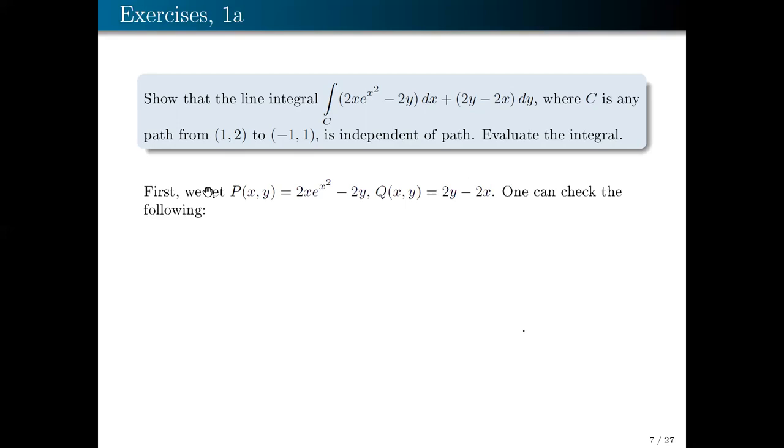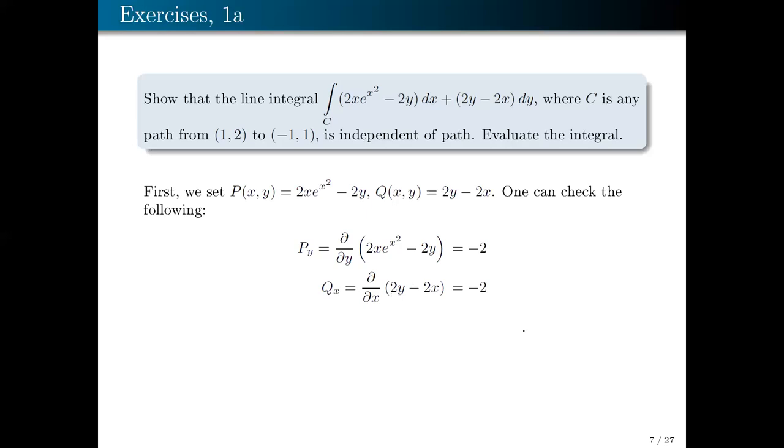Let's do that. We start with P sub y, which is the derivative of 2xe to the x squared minus 2y with respect to y. And that will be equal to 0 minus 2. On the other hand, we have Q sub x, derivative of 2y minus 2x with respect to x, and that will be equal to 0 minus 2.